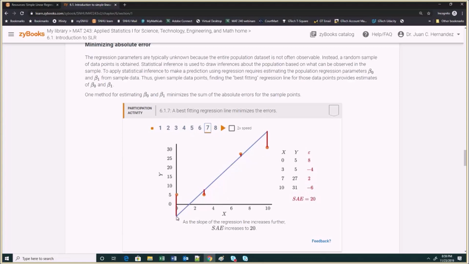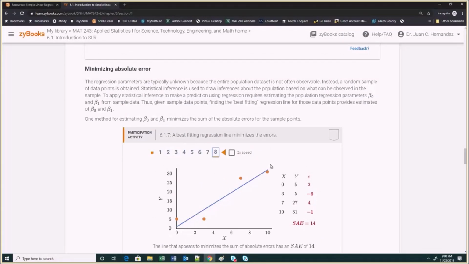And you notice that at one point, if the line keeps getting steeper, then the error will start going back up. So at some point, we have minimized the absolute error. And that is the idea of the regression equation, where we try to minimize this error between the actual data points and the predicted data points.